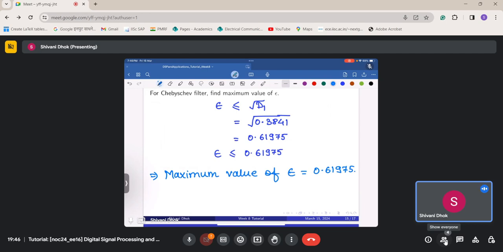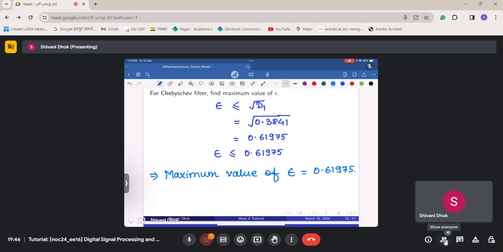It is introduced just to characterize that ripple, so that cosh and the Chebyshev polynomial along with this basically control everything. So it's a very important design parameter. However, in Butterworth filter, we don't have ripples and other things, so it is very simple to design compared to this.